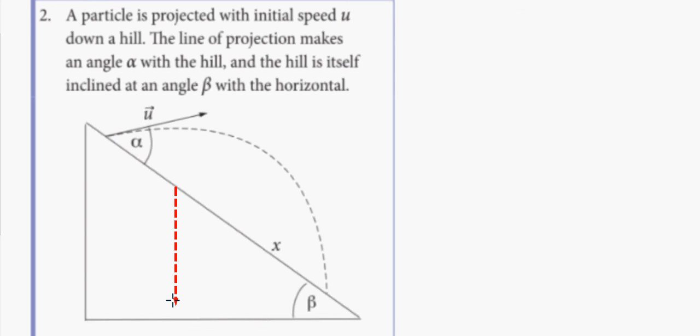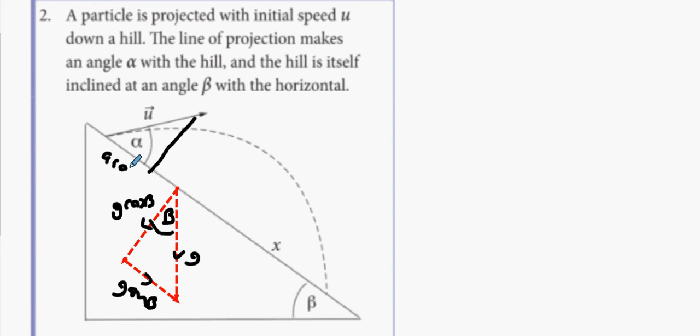Today we do the gravity triangle. This one, the gravity triangle is in a weird position. No, it's not. You draw it perpendicular, parallel, and like that. This is angle B. So that makes this G cos B, G sine B, and obviously G. And then up here you're going to have U cos alpha and U sine alpha.